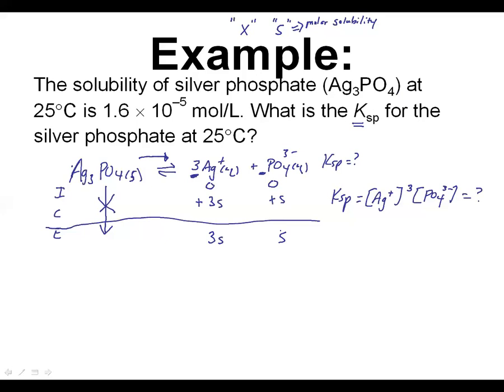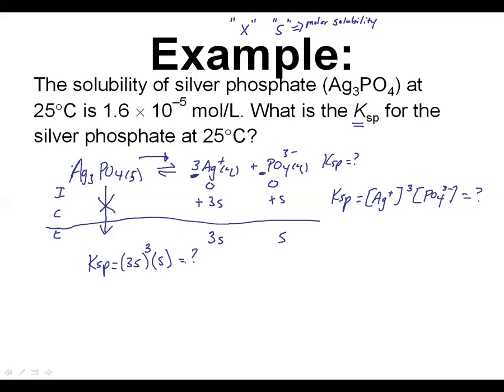Okay. Now, normally what we would do in an ice table is we would take our equilibrium and put it into our KSP expression, which we could still do here. And that would give us 3s, and you still need to cube it, times s, right? Now, if we were actually trying to figure out what the solubility was, we would have the KSP value.